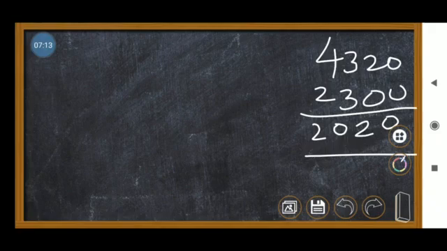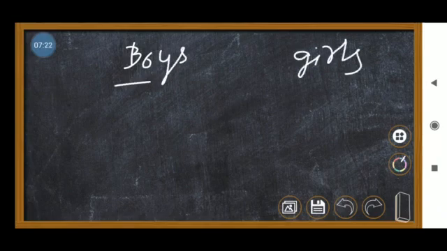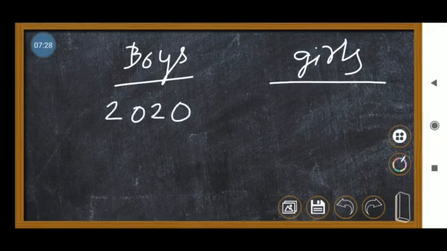So what they asked is boys to number of girls. So first, boys we have to write 2020, and the girls is 2300. So that is the ratio.